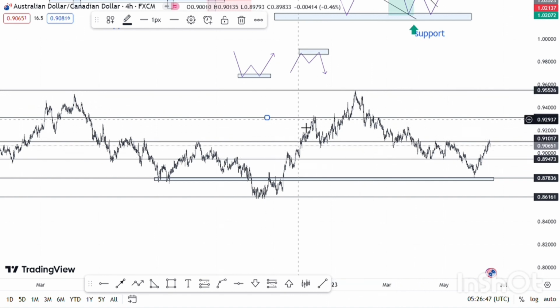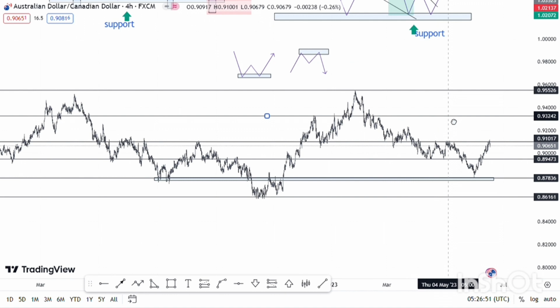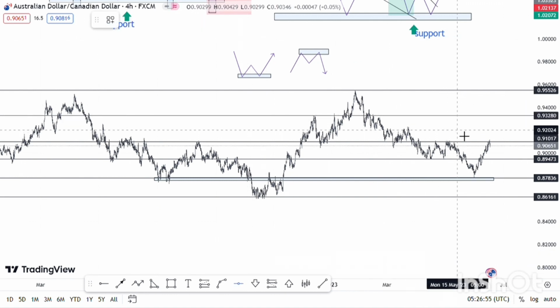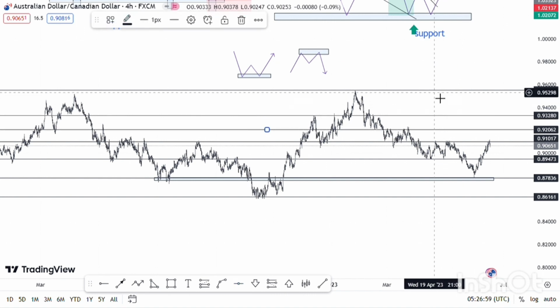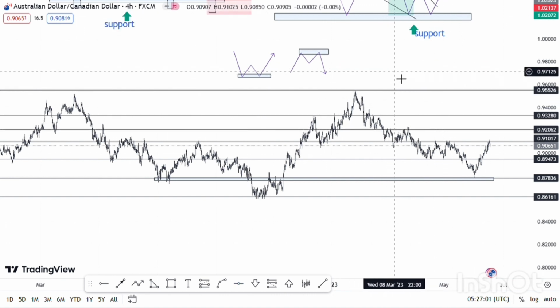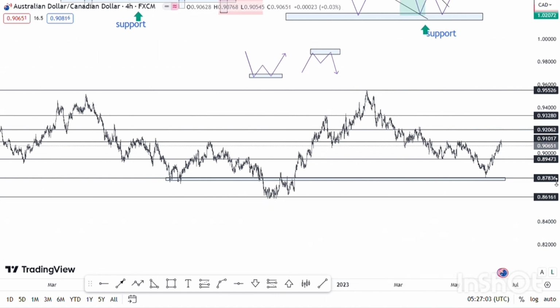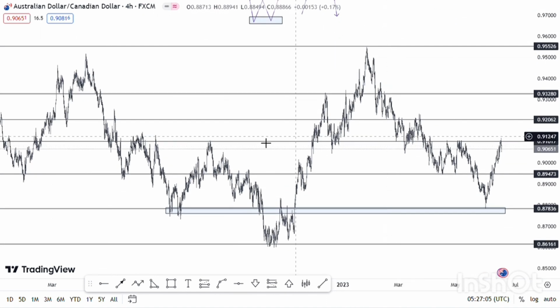Let me move this to here a little bit, and then let's mark this as our zone. So here we are going to apply what we were doing at the top.